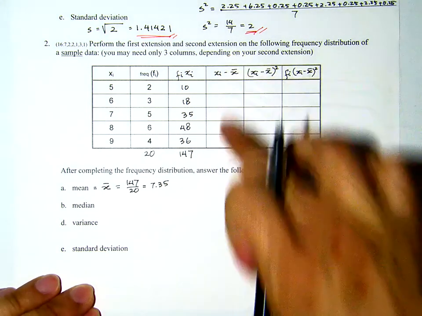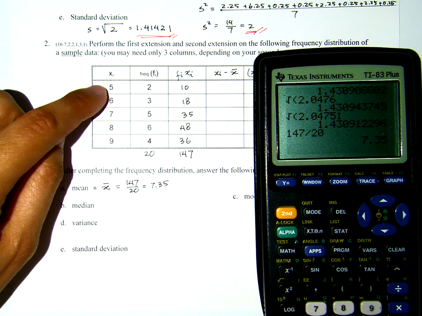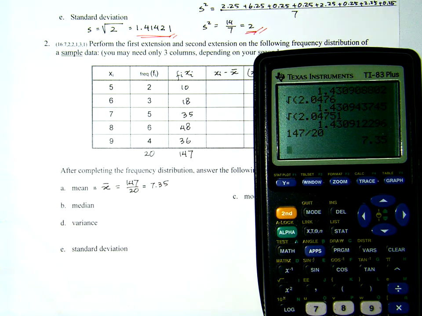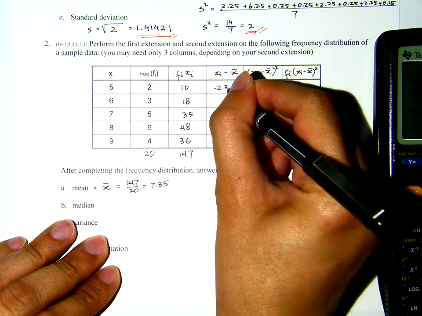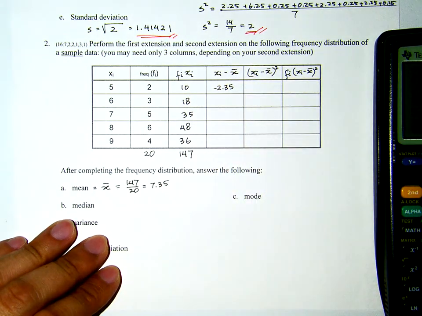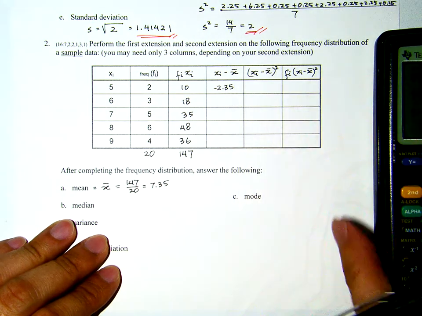Now for this column here, I take each data minus 7.35. Okay, I get negative 2.35. Later on I will square it and then multiply by the frequency.